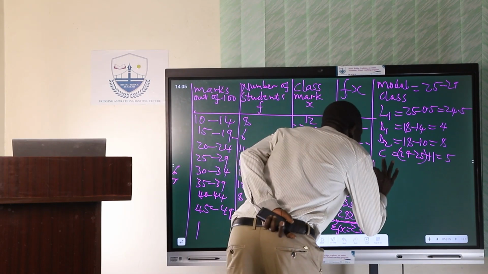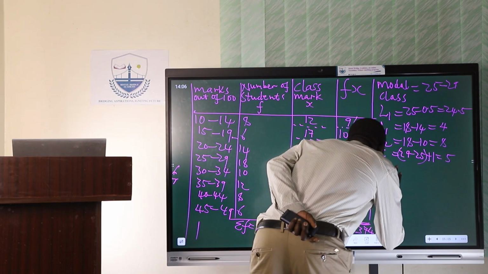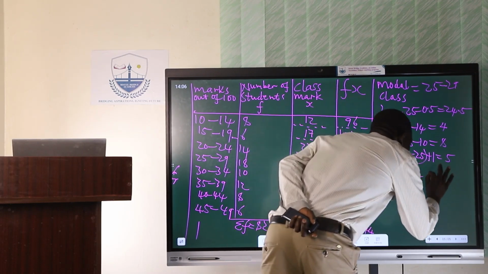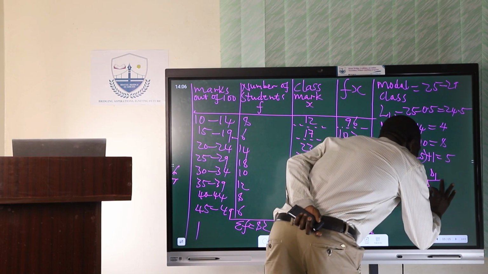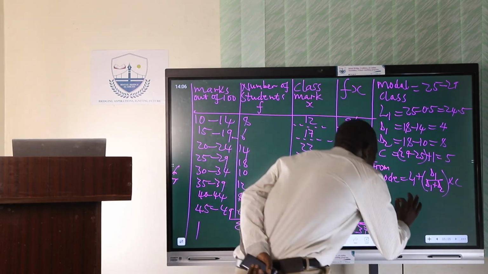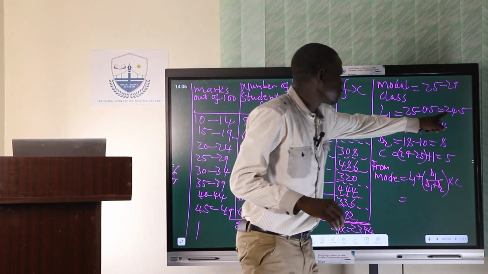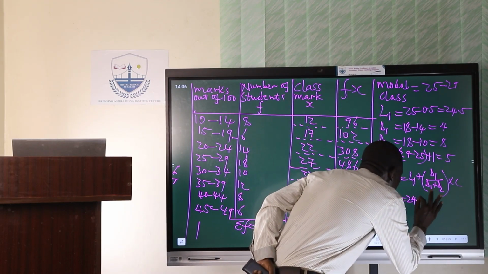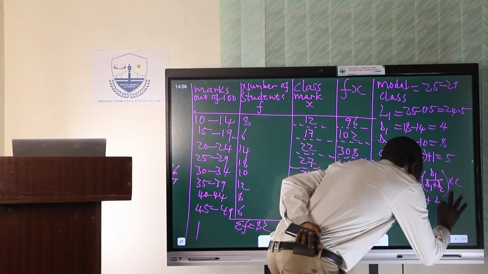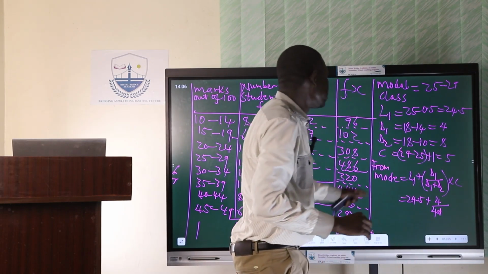After that, we now write down the formula for finding the mode, which says mode is equal to L1 plus D1 over D1 plus D2, then everything times C. So when we substitute, where there is L1, we put 24.5, plus D1, which is 4, over D1, which is 4, plus D2, which is 8.